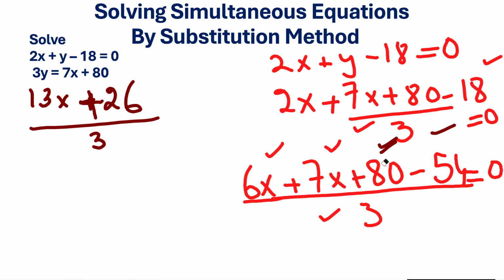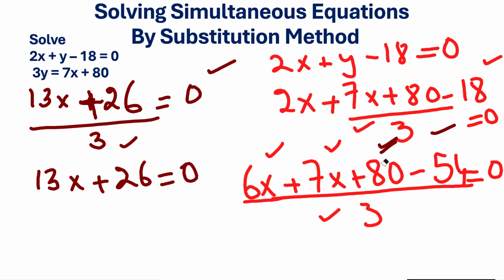Divided by 3 is equal to 0. Now 3 and 0 will be multiplied together to get 0. 3 multiplied by 0 is 0.